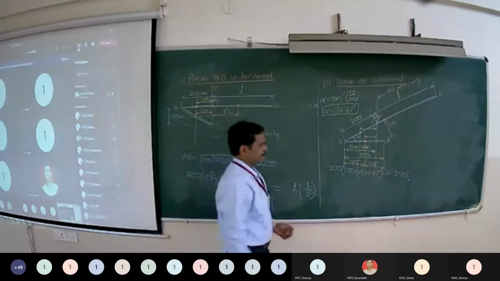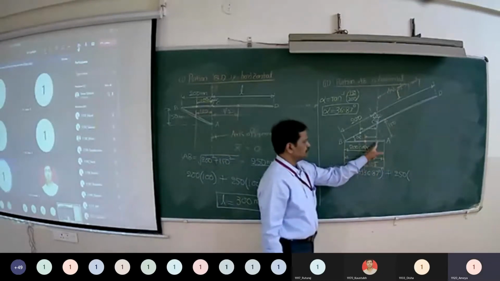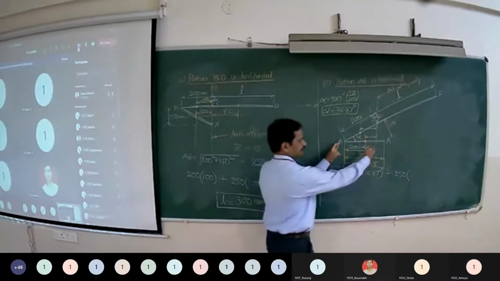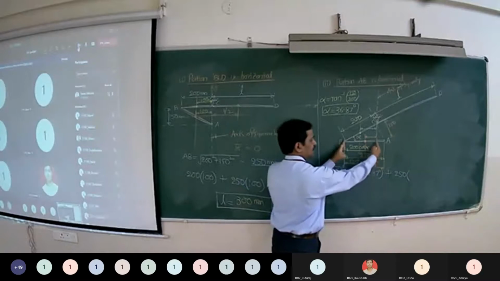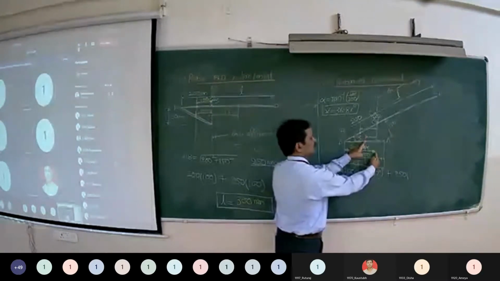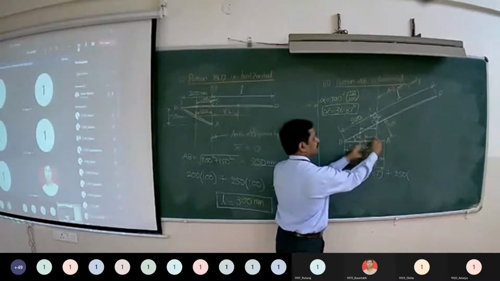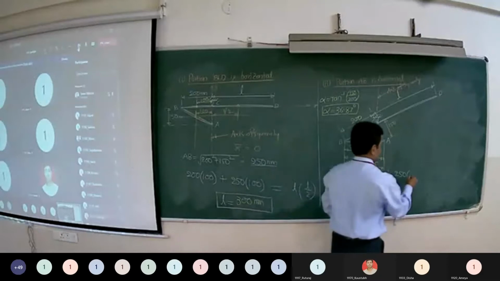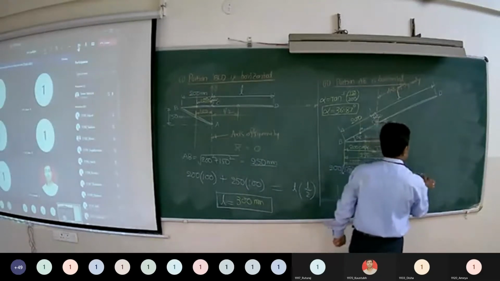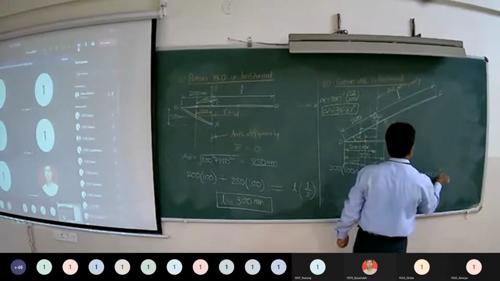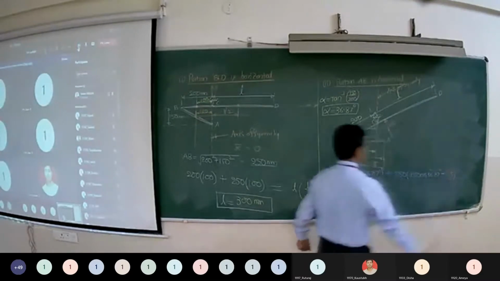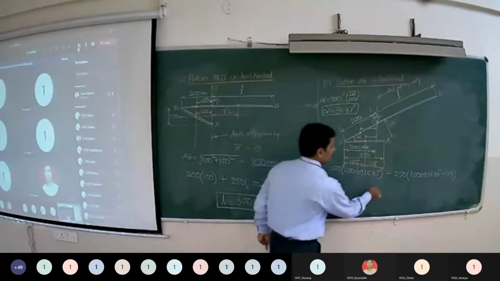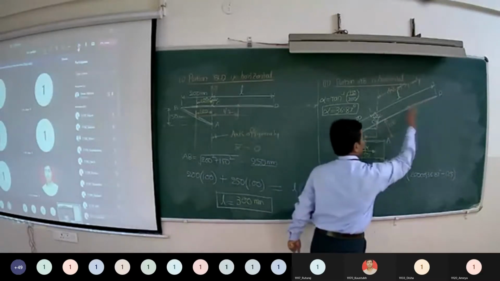Anybody? You tell me in terms of expression and then value. See, this total distance 200 cos alpha, minus 125 will be the distance, right? So it is 200 cos 36.87 minus 125.